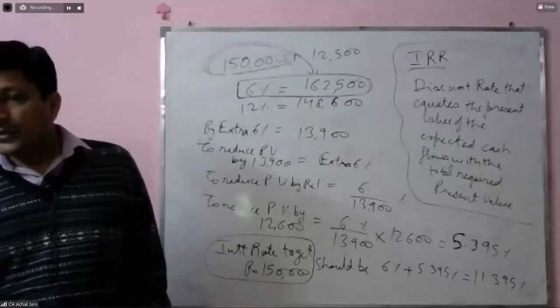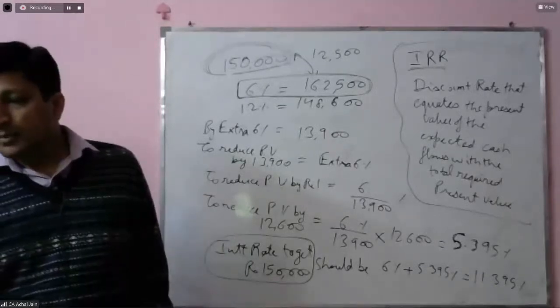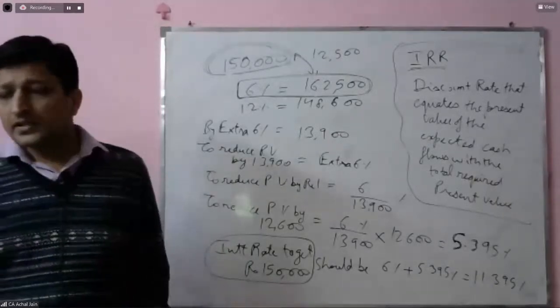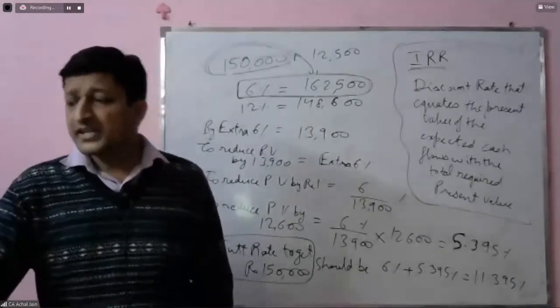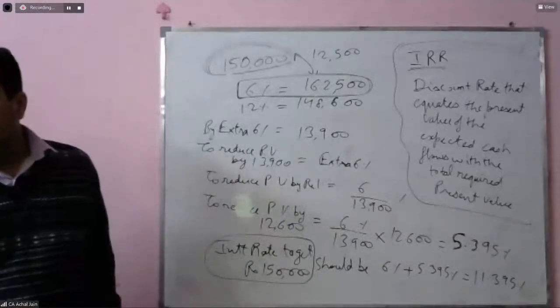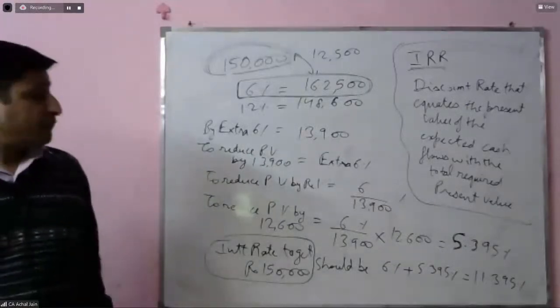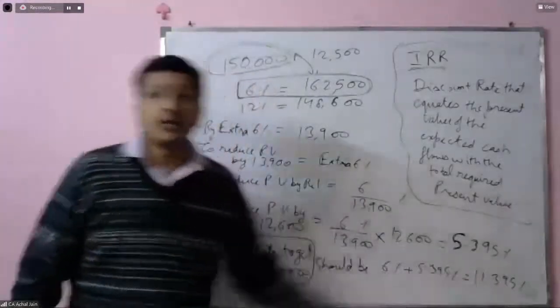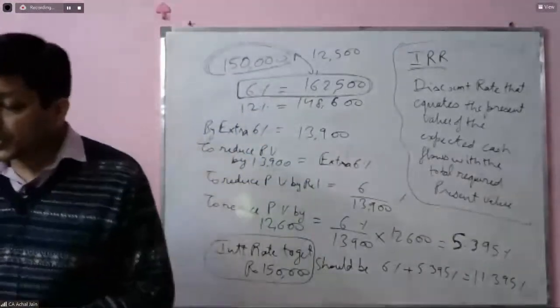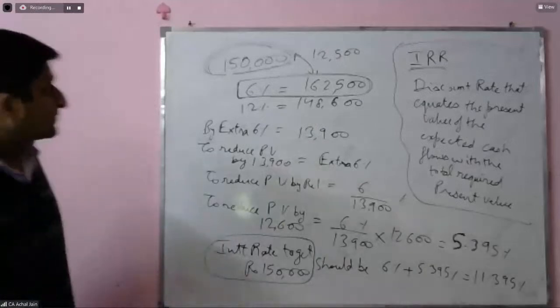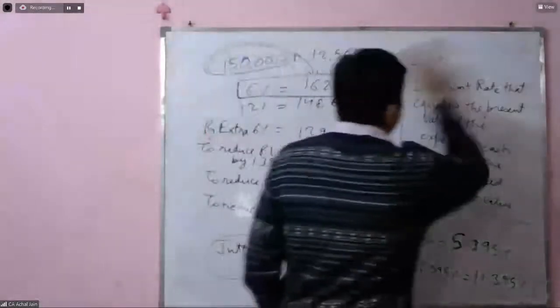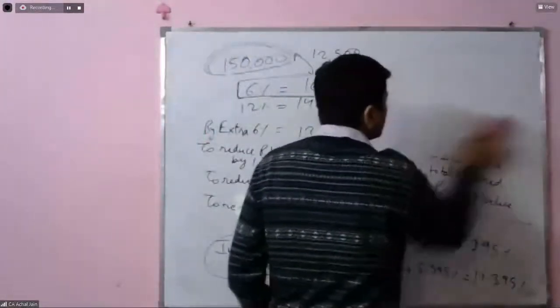Did you compute that? Are you getting the same answer? Okay, Kaustav is saying yes, sir. We got 1,50,000 when we apply this rate of 11.395%, which is nothing but the discount rate. Very good.